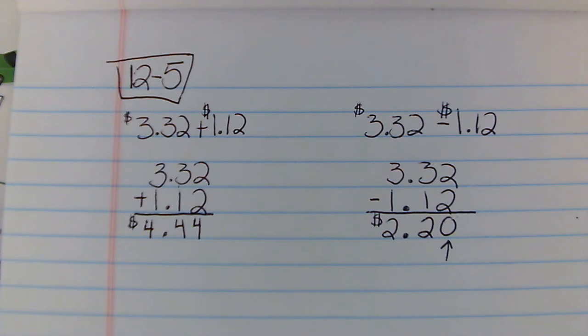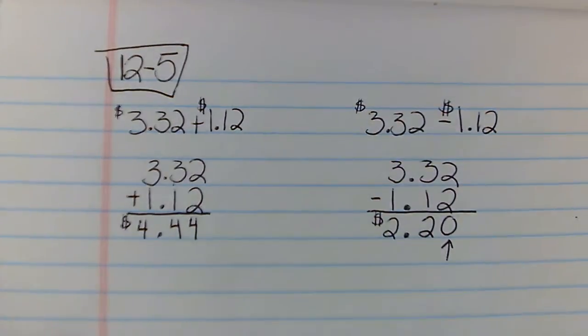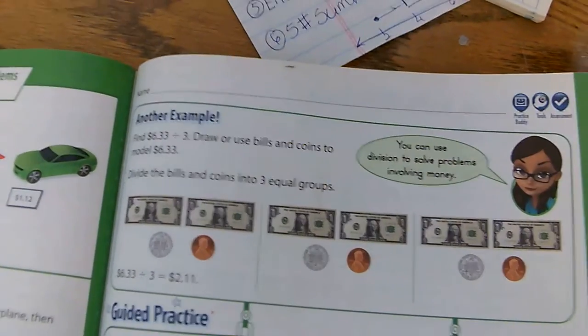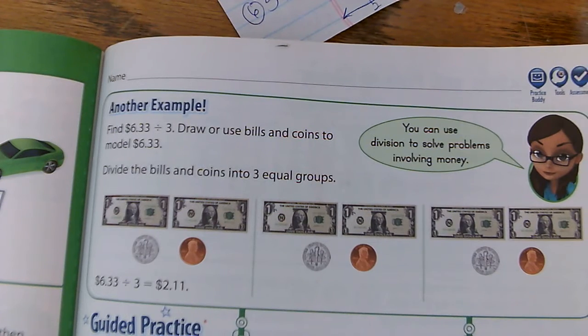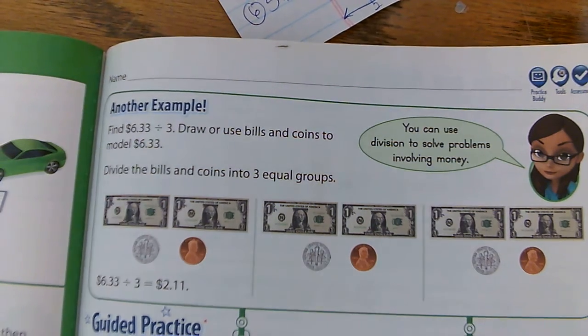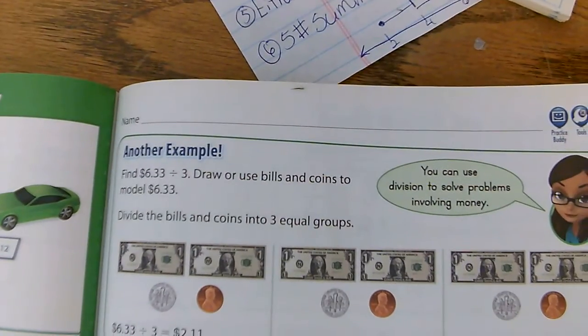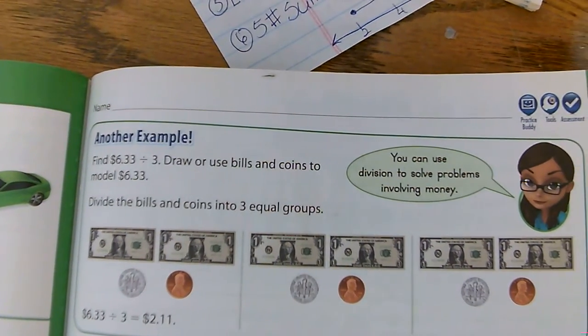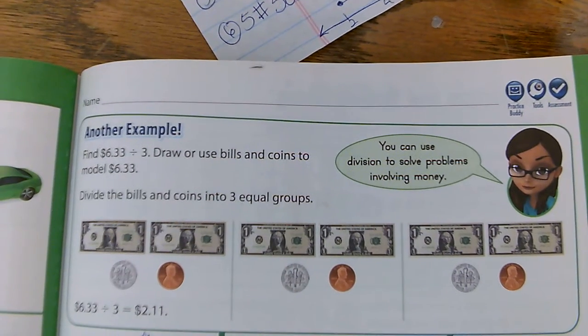Okay? So, one more thing I want to show you, and this is for division. And I would suggest strongly drawing out the bills if they ask you to do any sort of division problem. So I'm at the top of the next page. This is 653. Okay? And I want to show you this before I let you do practice by yourself.